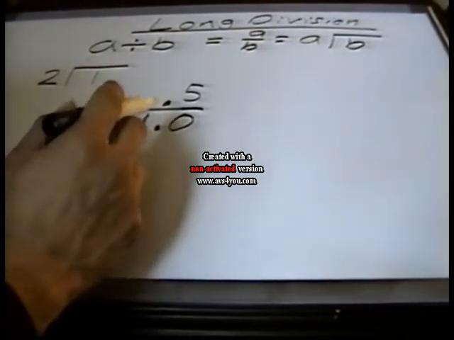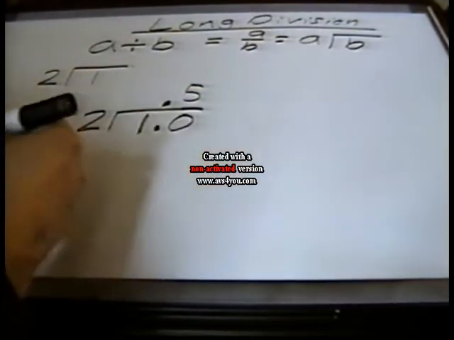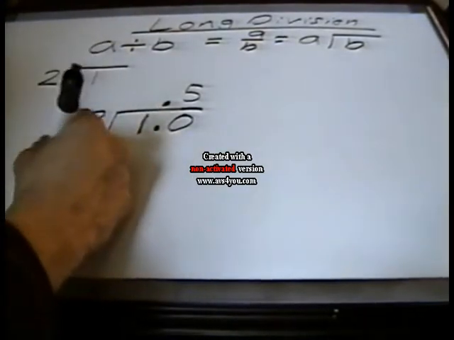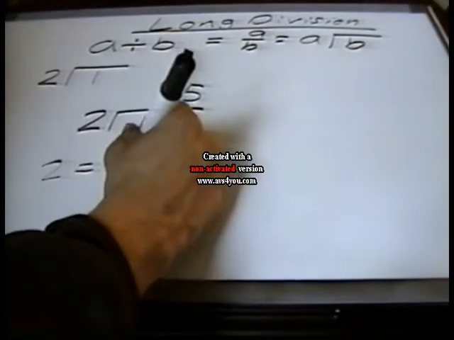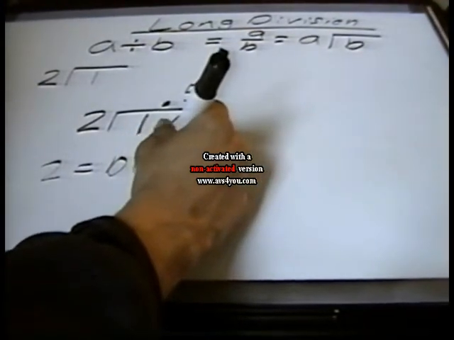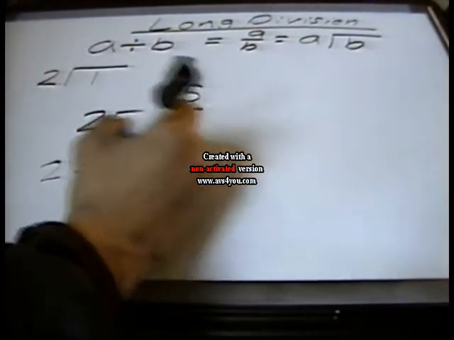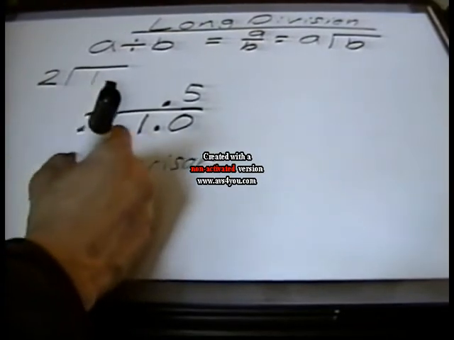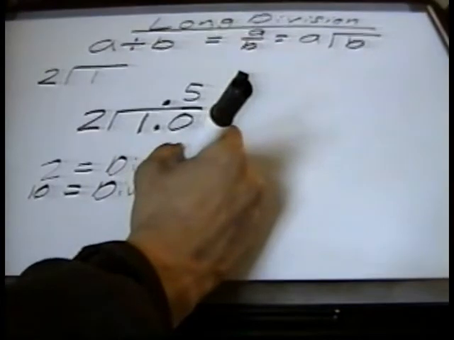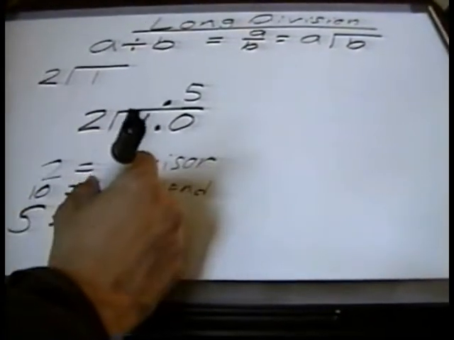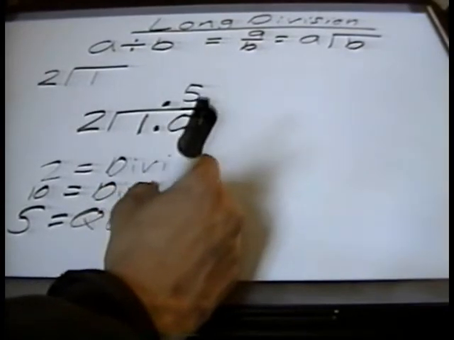Now here, 2 is our divisor. 10 is the dividend. 5 is the quotient.